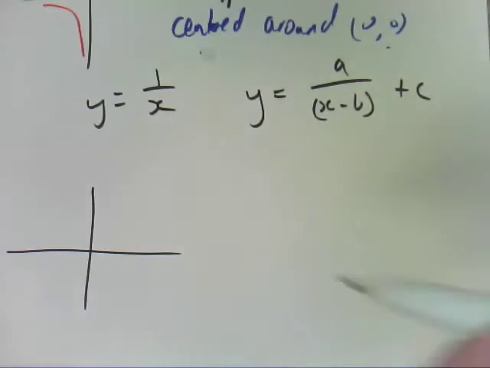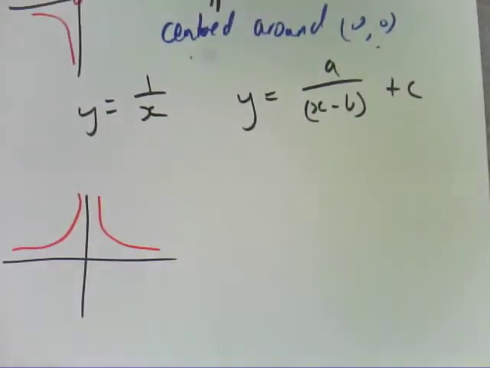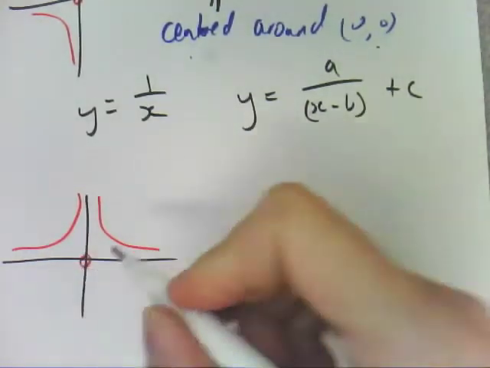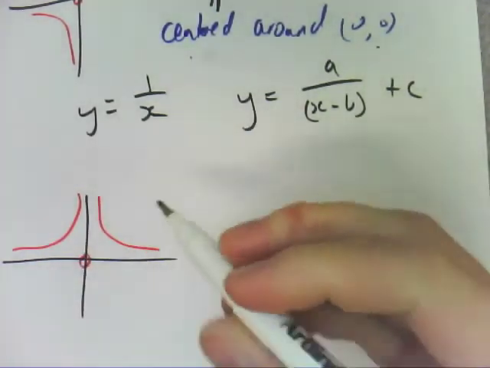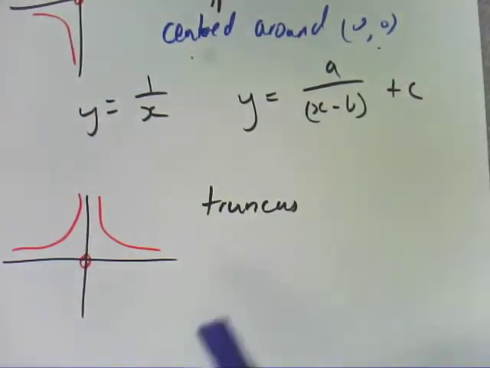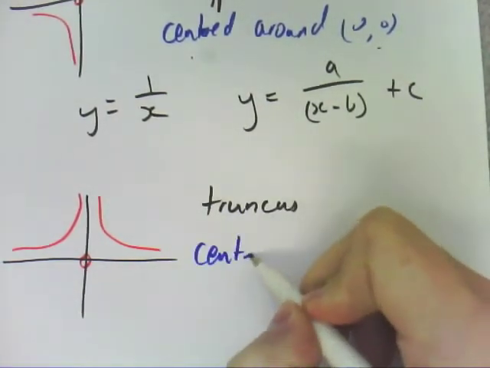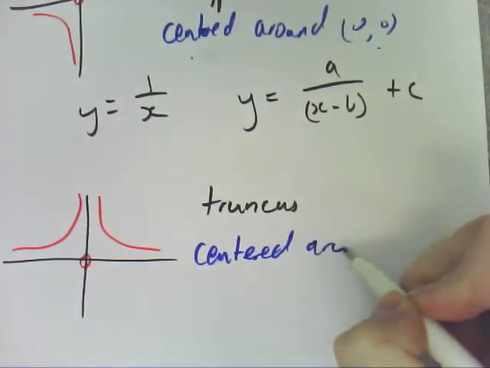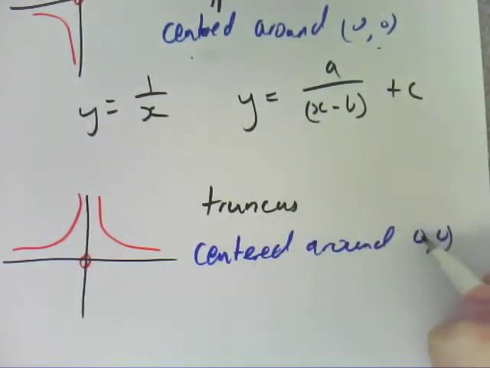The truncus looks like this, and again you can center that around 0, 0. Truncus, centered around 0, 0 again. So all your translations go from there.